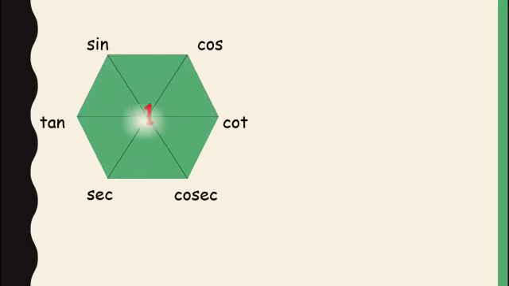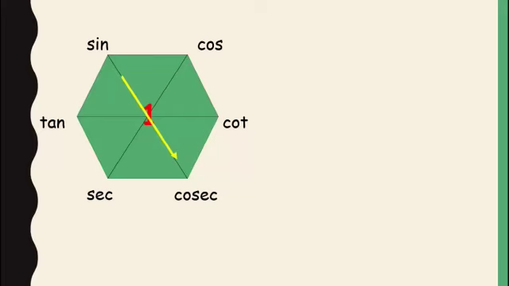Okay, for the next, let's draw the hex again. Now, focus on the functions at diagonally opposite vertices: sine and cosec, cos and sec, cot and tan. They are reciprocals of each other. Look at this row.